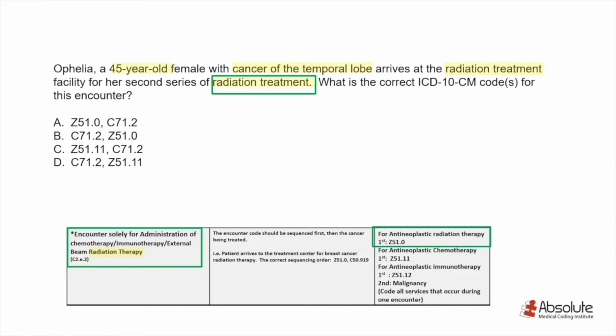And in our scenario, the patient came for the radiation treatment, as you can see highlighted in the question. So we are going to assign Z51.0 as the primary code.